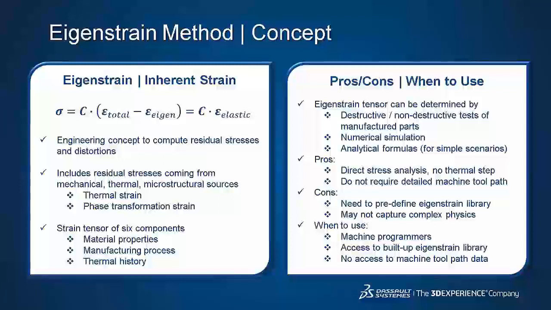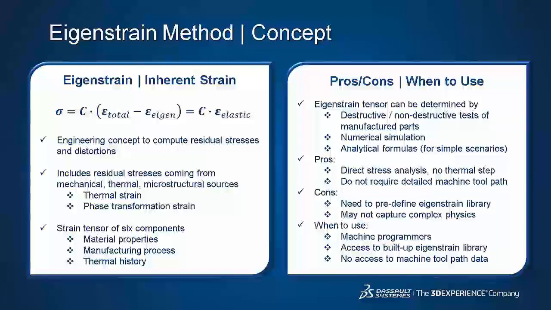The direct benefit of the eigenstrain method is the elimination of the heat transfer step as compared to the thermomechanical method. This itself saves the modeling and simulation time for the heat transfer step, cutting down nearly half of the cost. The eigenstrain approach also eliminates the need for obtaining detailed machine toolpath information, which sometimes is a headache for our customers.